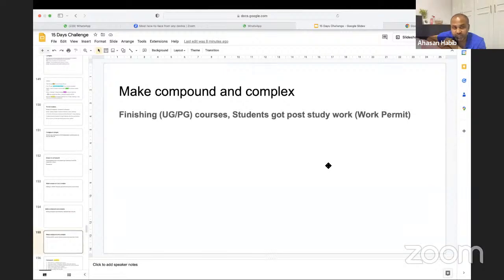So what happened? Students finished the masters, I mean post-graduation, and they got work permit. To get the work permit, the condition is students have to finish their course, right? So students finish post-graduation course and they got post-study work.